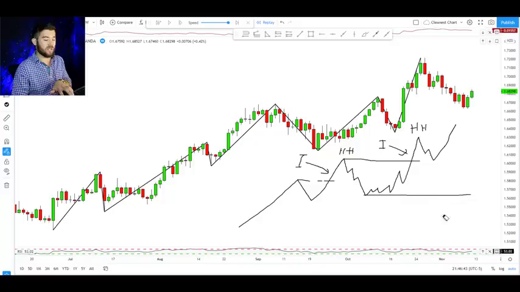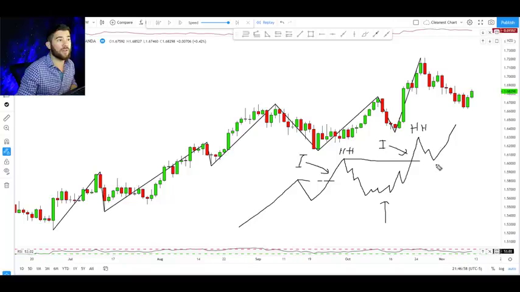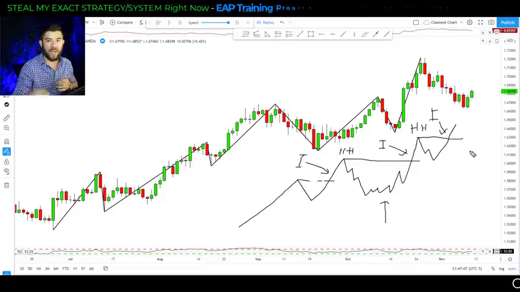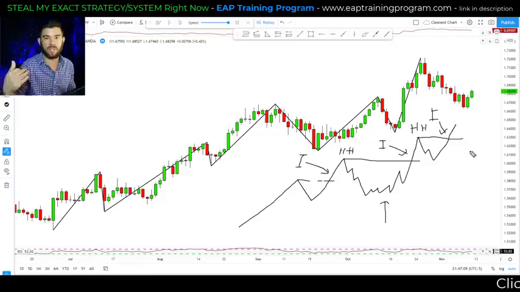So as long as the market stays above that low, then we're still considered to be in an uptrend and we still want to look for buying opportunities. At this point right here, we have had what? Another impulsive move. This move is our impulsive move because it broke above the previous higher high. At this point, what level cannot be broken for us to continue this uptrend?